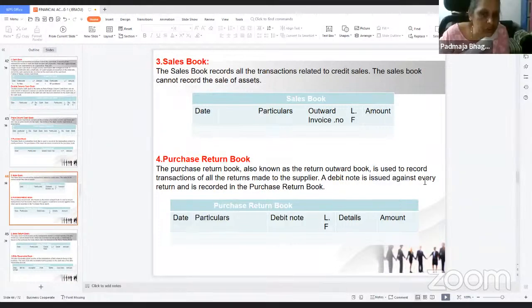A debit note is issued against every return and recorded in the purchase return book.